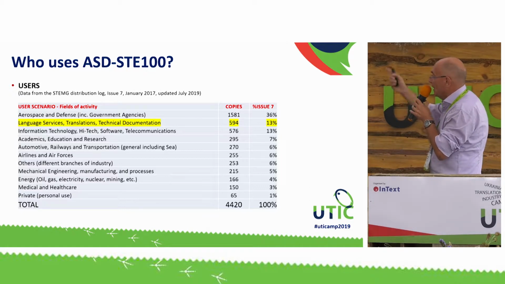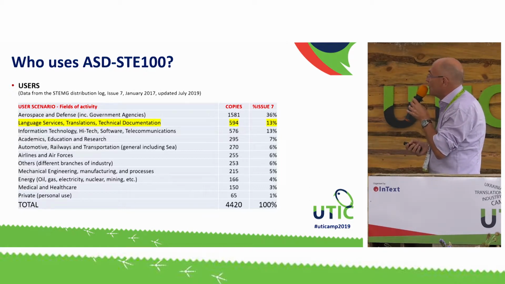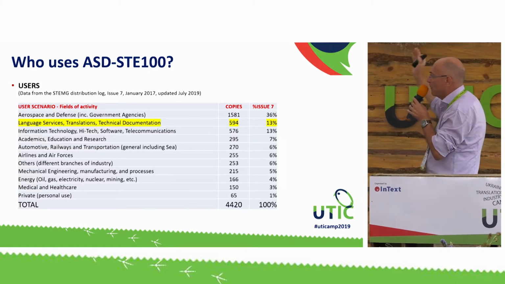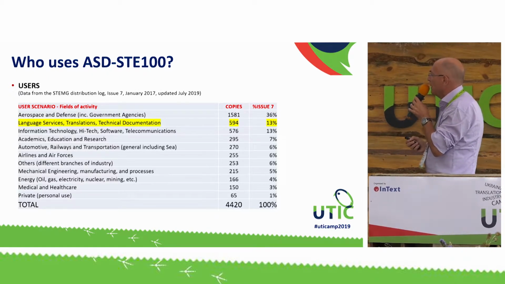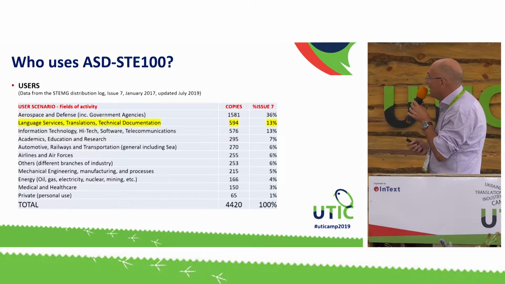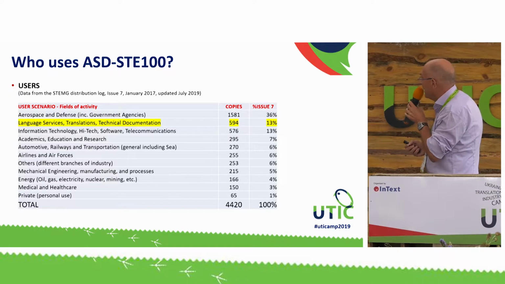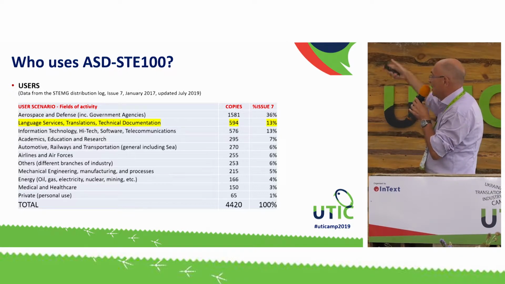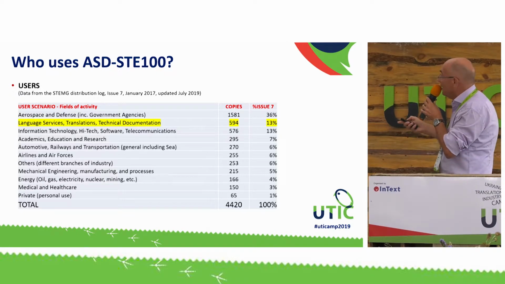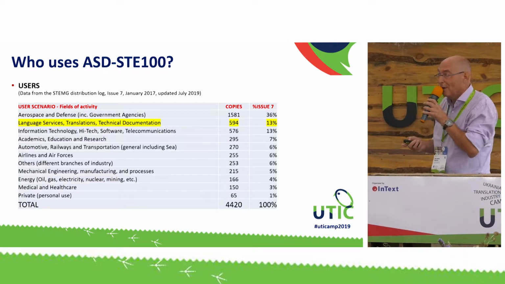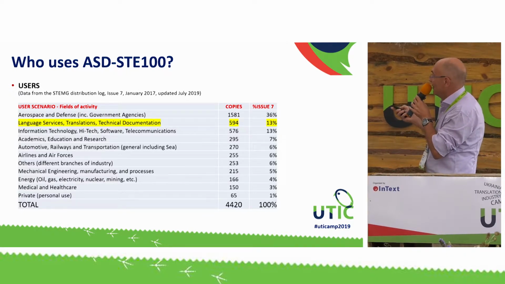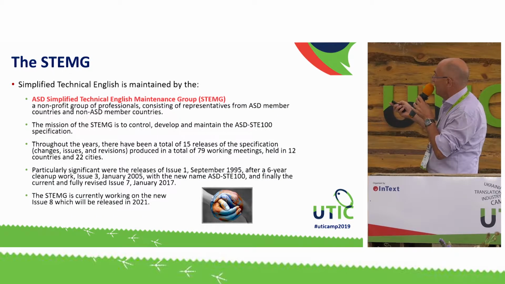And we have, as we said, the airlines and air forces, and the other different branches of industry: medical, mechanical engineering, manufacturing and processes, energy, oil, gas, electricity, nuclear, mining, etc., medical and healthcare, and private use. This is the distribution of the specification by field of activity.